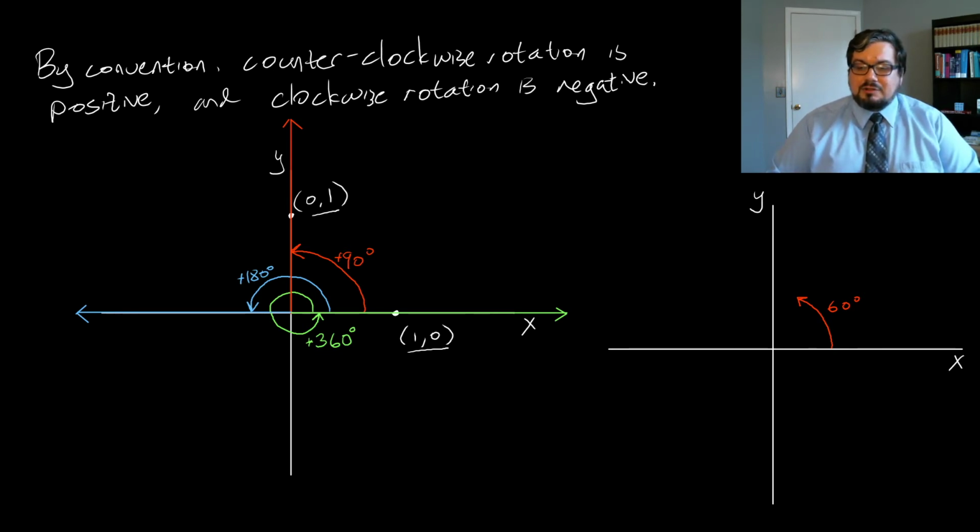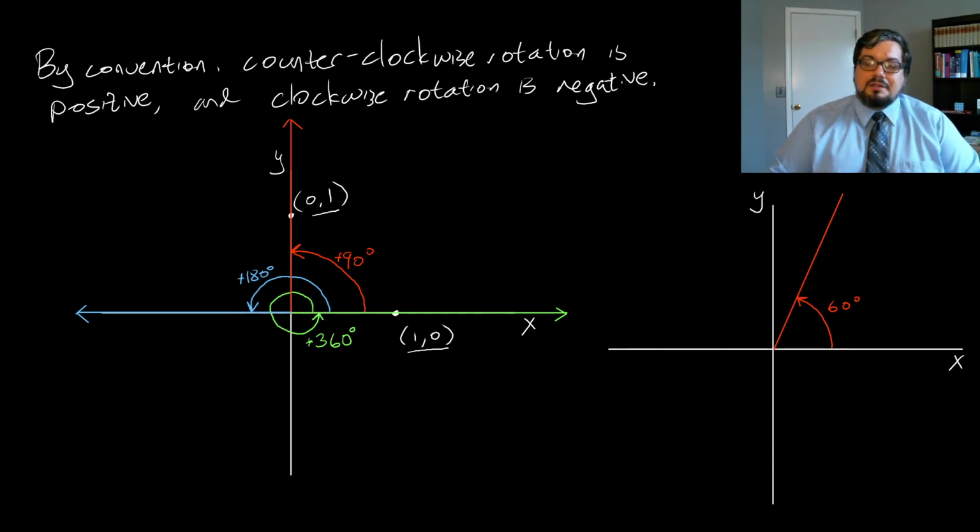An angle with measure 60 degrees would be somewhere here in the upper right-hand part of the graph between the right-hand positive x-axis and the vertical positive y-axis, because it's between 0 degrees, which would be the angle on the positive x-axis, and 90 degrees.